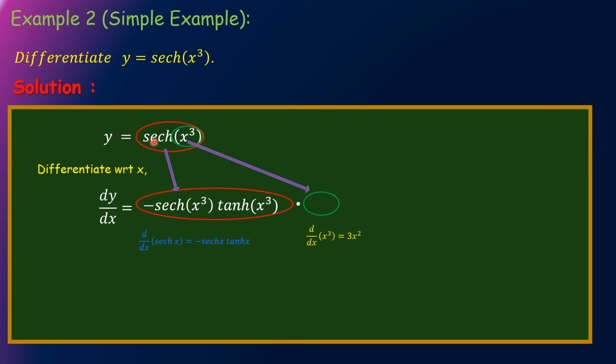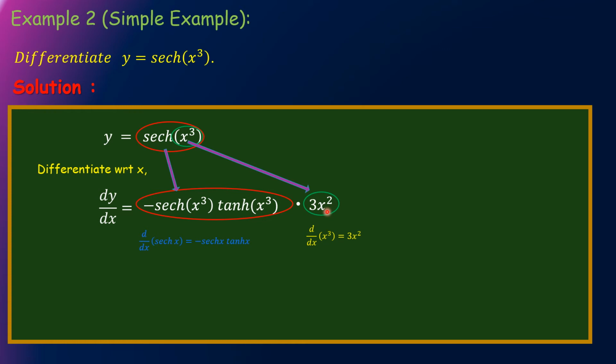So when we differentiate sec x cubed, the answer should be negative sec x cubed times tan x cubed. And after that, we differentiate x cubed using the power rule, and the answer is 3x squared.